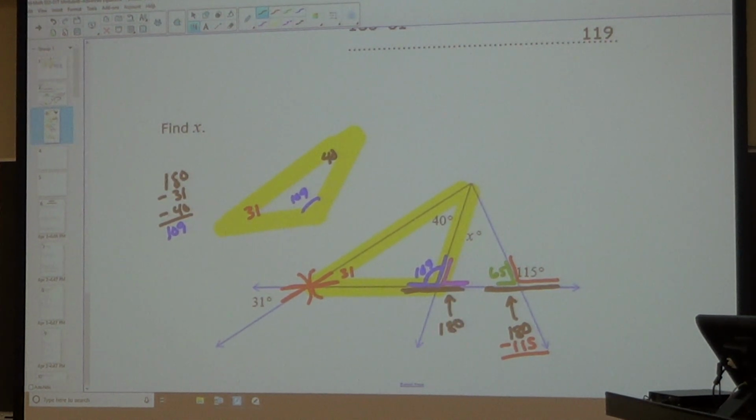So we're going to do 180 minus 109 is 71. Now you are in this triangle. That's a 71, a 65, and your answer.